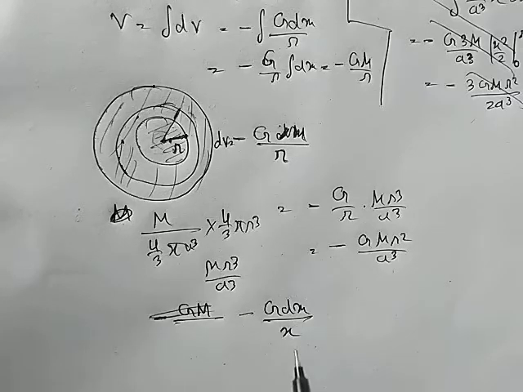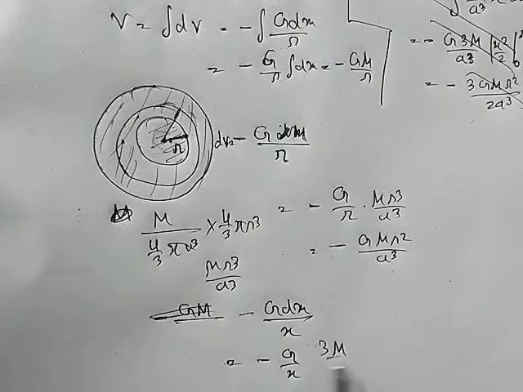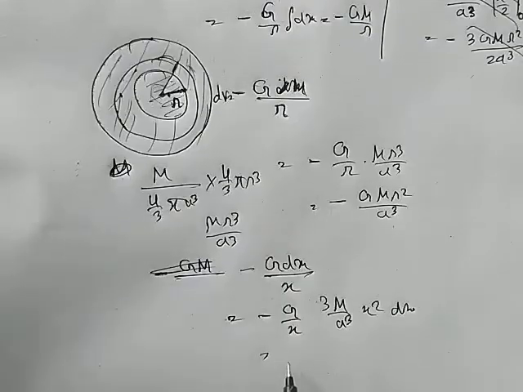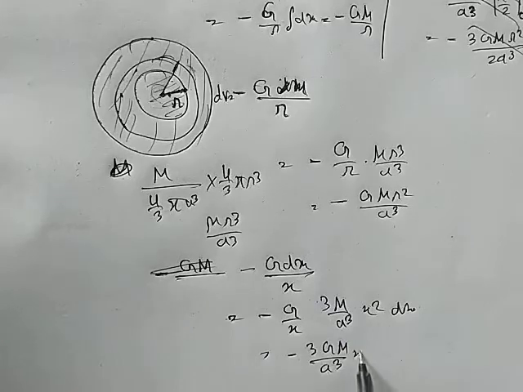Now dm we found previously, so it becomes minus 3GM by a cube x dx.